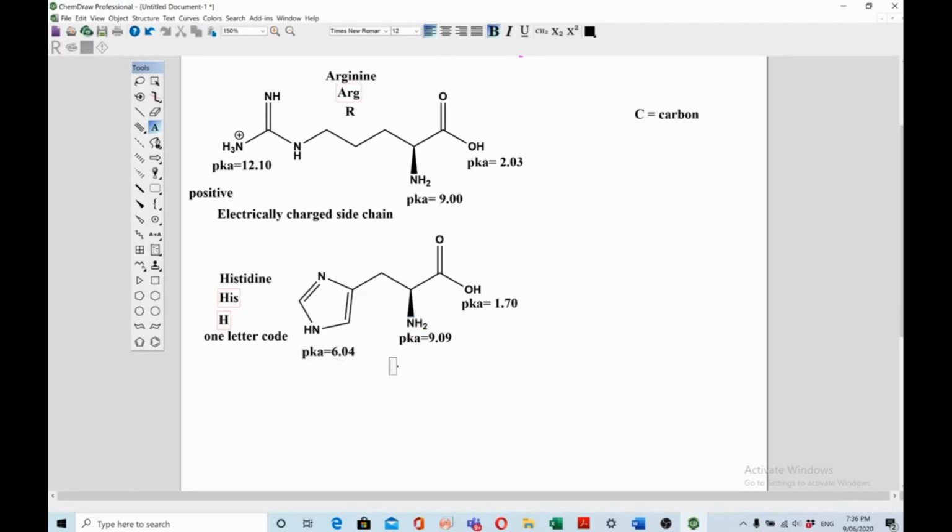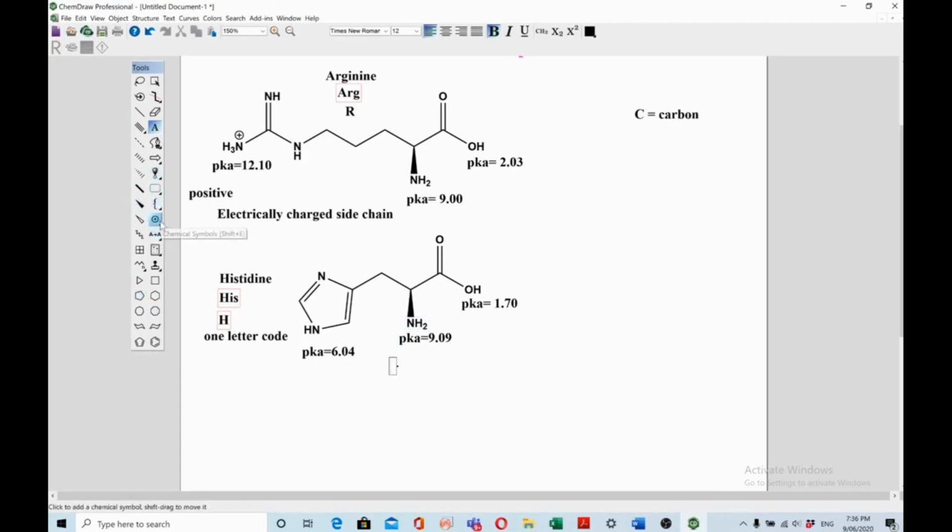Anyway, if you have data like here, with pKa values at 3 positions, you can simply look at the number. If the number is lowest, that group has the highest acidic character. If the number is highest, that group is the least acidic.